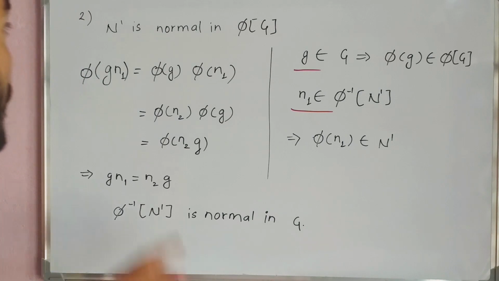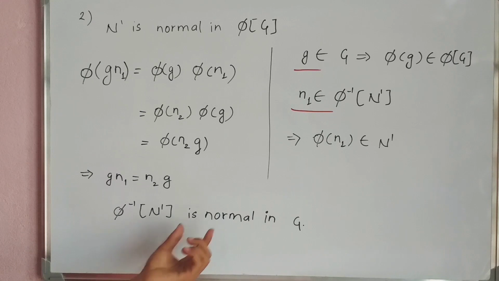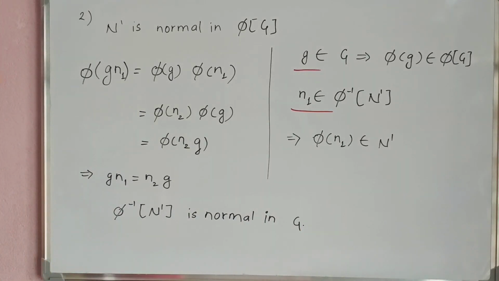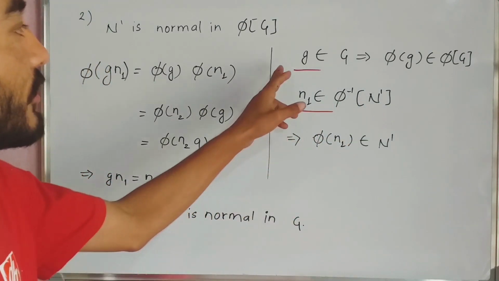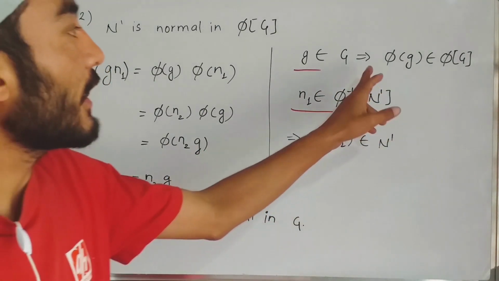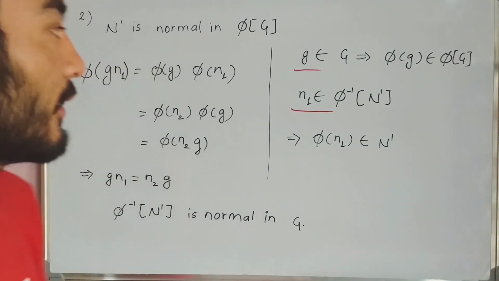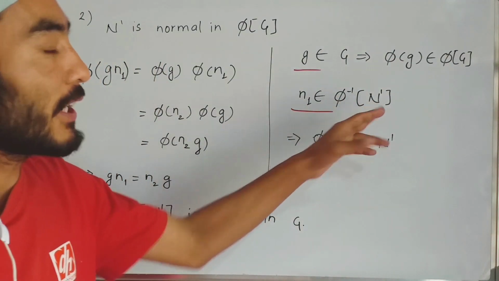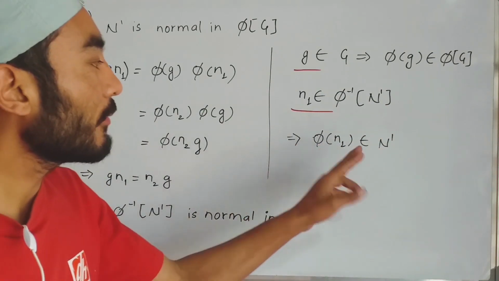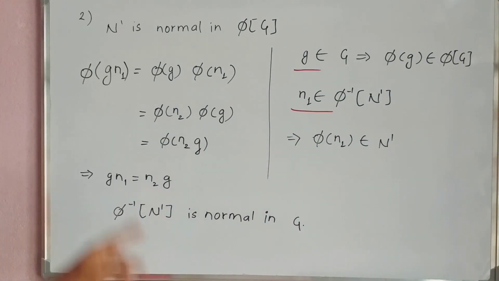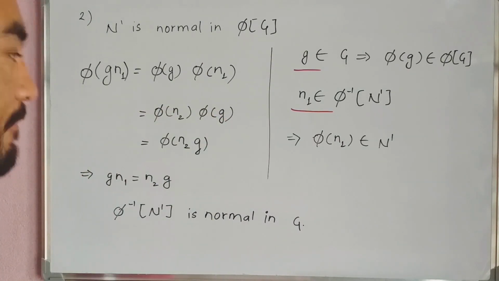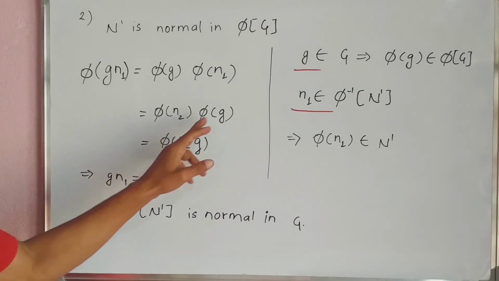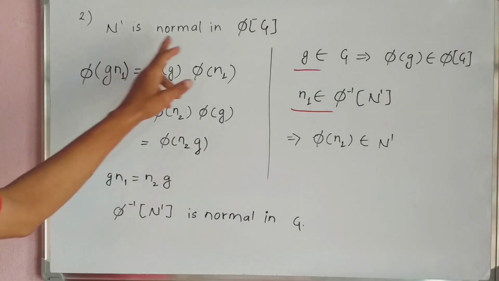Second, we have N' is normal in phi(G) is given to us. We have to prove phi inverse of N' is normal in G. For that, we take any elements from G and phi inverse of N'. Let g belong to G, that implies phi(g) belongs to phi(G), and let n1 belong to phi inverse of N', and that implies phi(n1) belongs to N'. Now we have phi(gn1) = phi(g)phi(n1) by the property of homomorphism, and that equals phi(n2)phi(g), because N' is normal in phi(G).